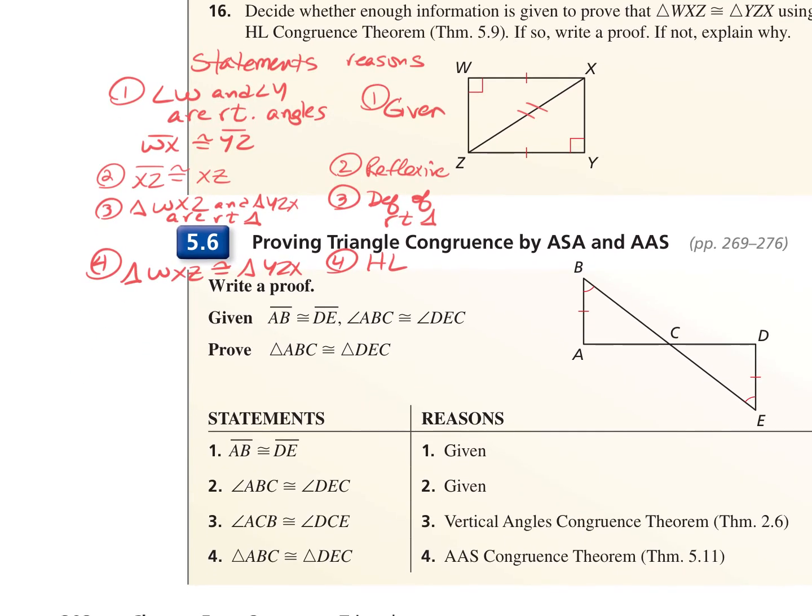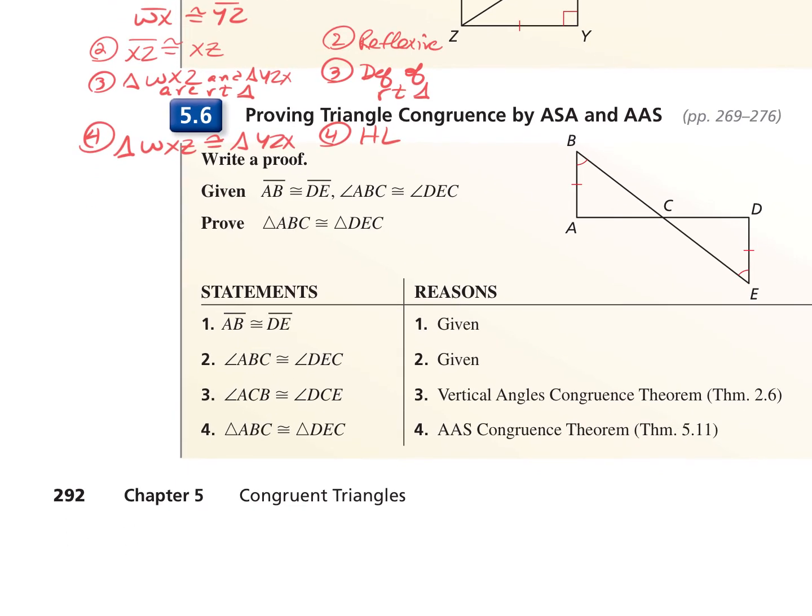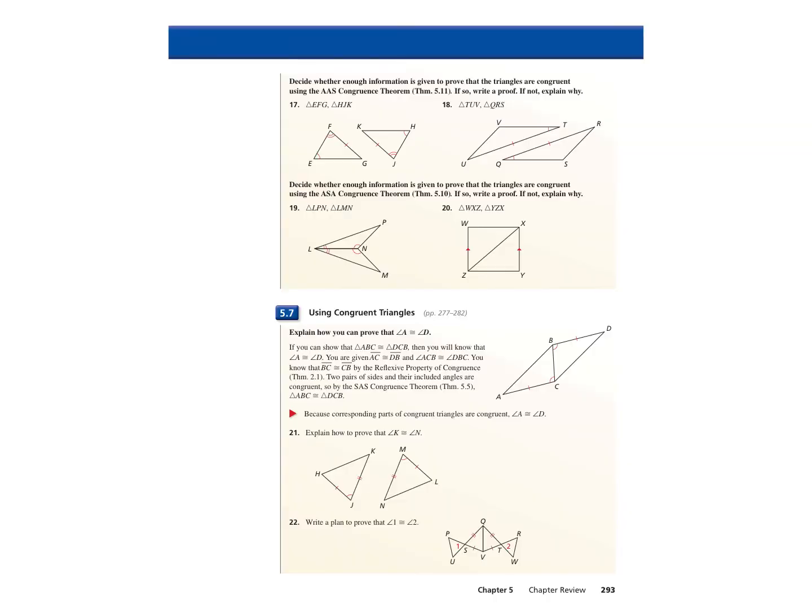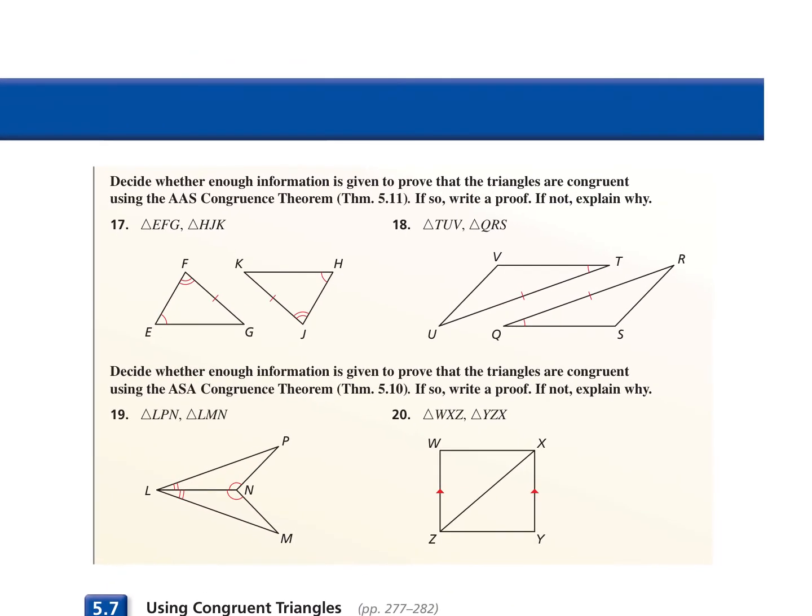Last two that we learned were angle side angle and angle angle side. Here's an example of angle angle side. All right, so here it wants us to know, can we prove that these two triangles are congruent using angle angle side? Again, on the test, it's not going to tell you which one to check. You just have to decide which one of the 5 shortcuts you can use.